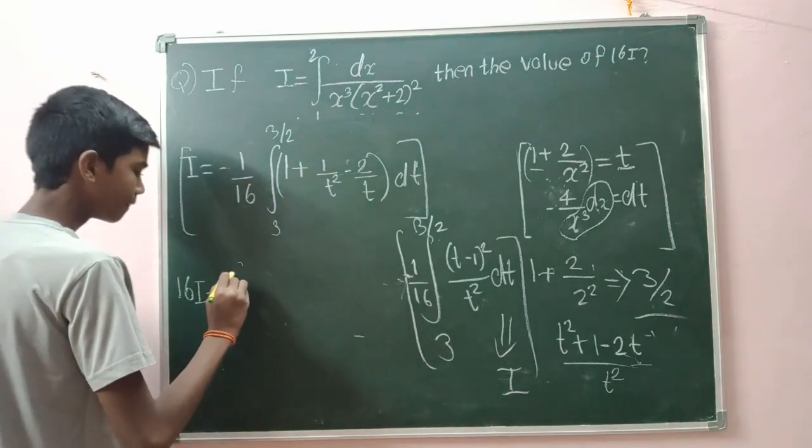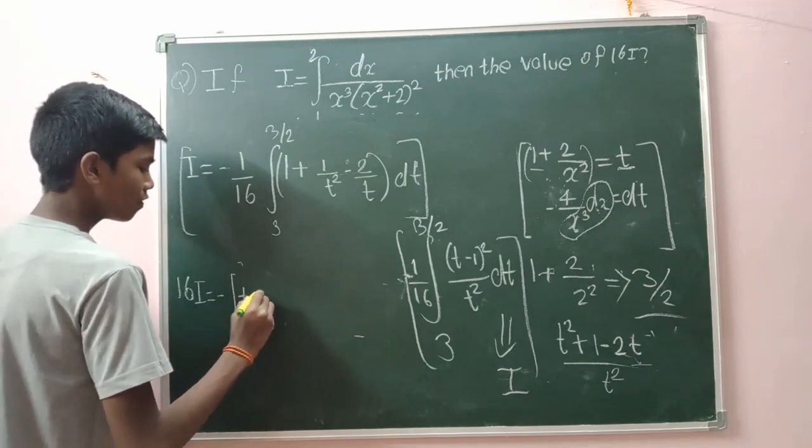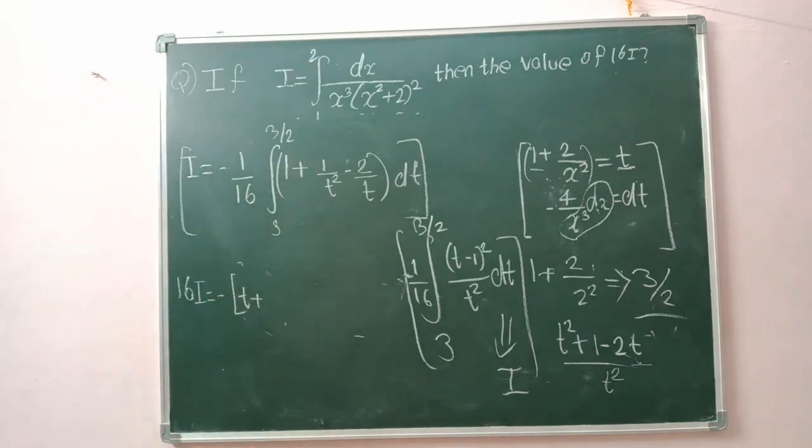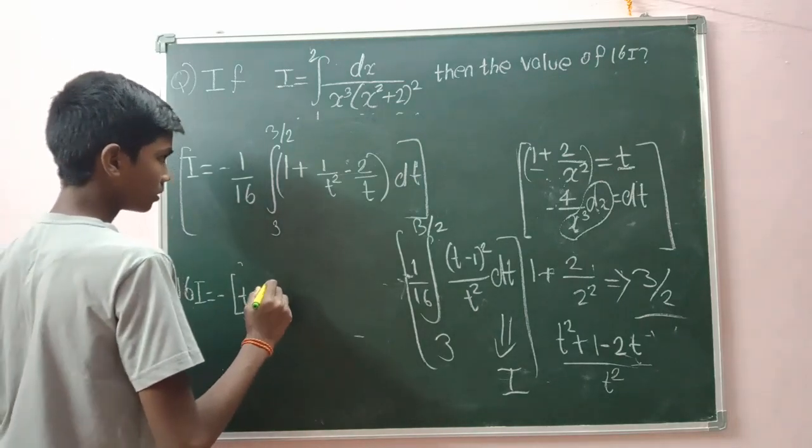That will be t. Then plus, what is the integral of 1 by t square? That is the integral of t power minus 2. The integral of t power minus 2 I can write as t power minus 1. Correct? So that will be 1 by t.